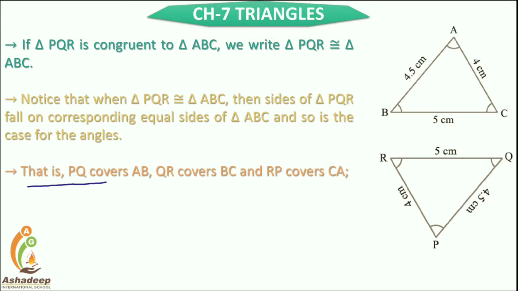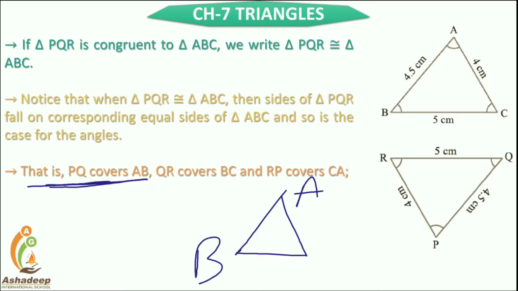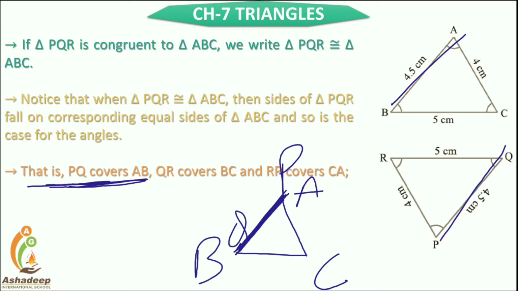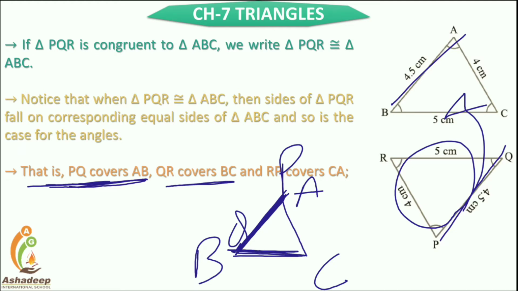So that is PQ covers AB. If you draw the triangle ABC, then PQ covers AB. What does it mean? PQ is coming onto this side. If you superimpose this figure onto this figure, then AB is covered by PQ, BC is covered by QR, and CA is covered by RP.